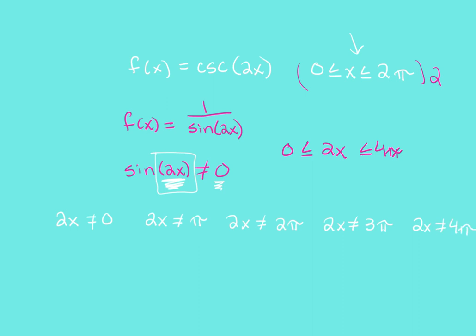So now if I solve all of these for x, I'm going to have vertical asymptotes at x equals 0, x equals pi over 2, x equals pi, x equals 3 pi over 2, and x equals 2 pi.